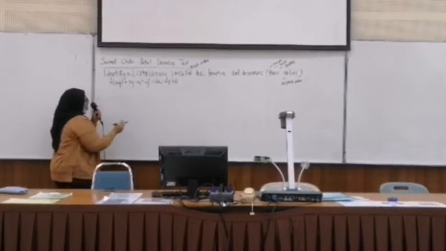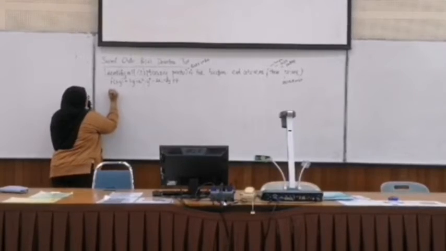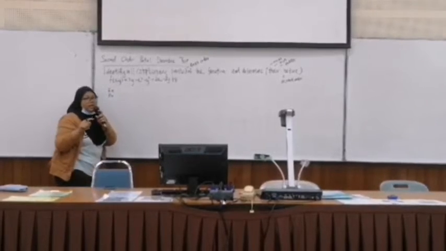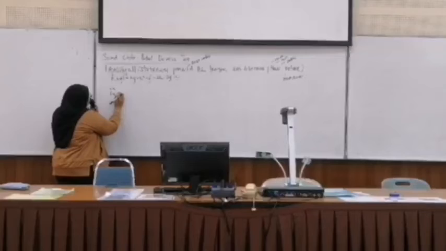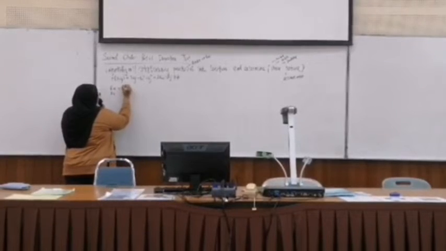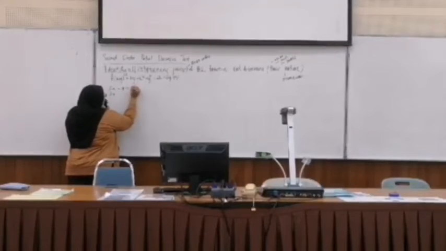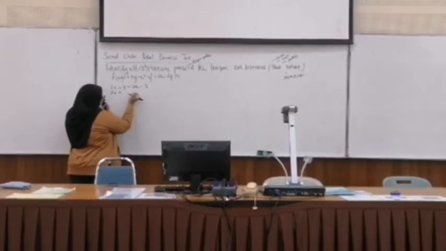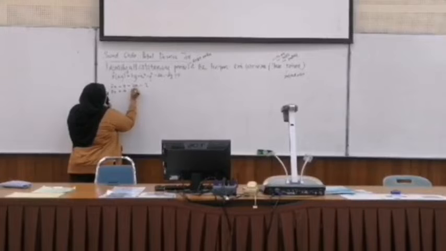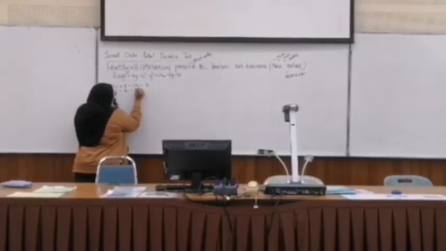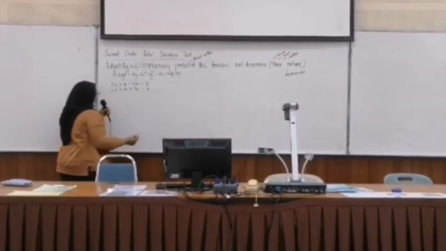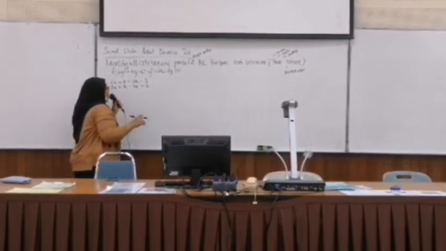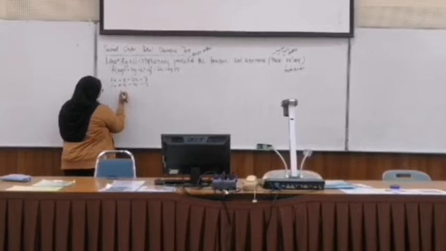So for the equation, we need to find the fx first and fy to do fxx and fyy. So fx is y minus 2x minus 2 and fy is x minus 2y minus 2. And then we do the first order.